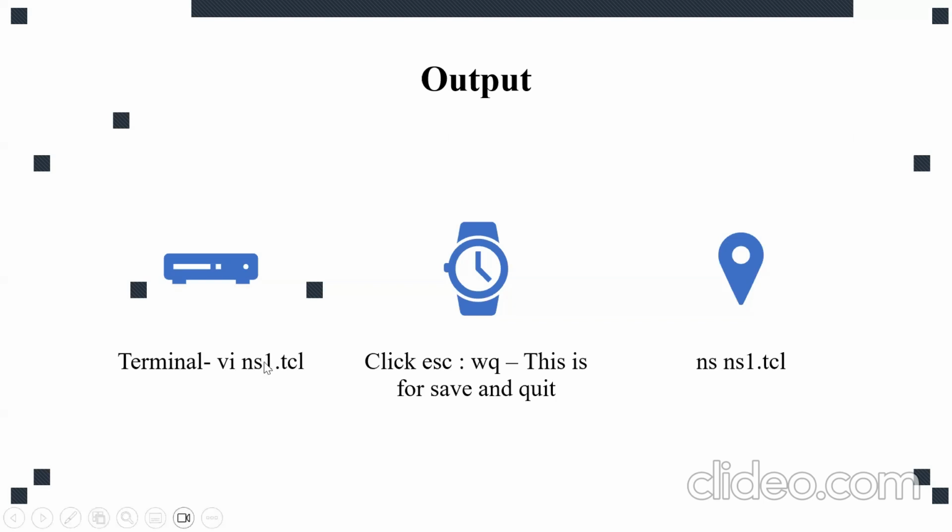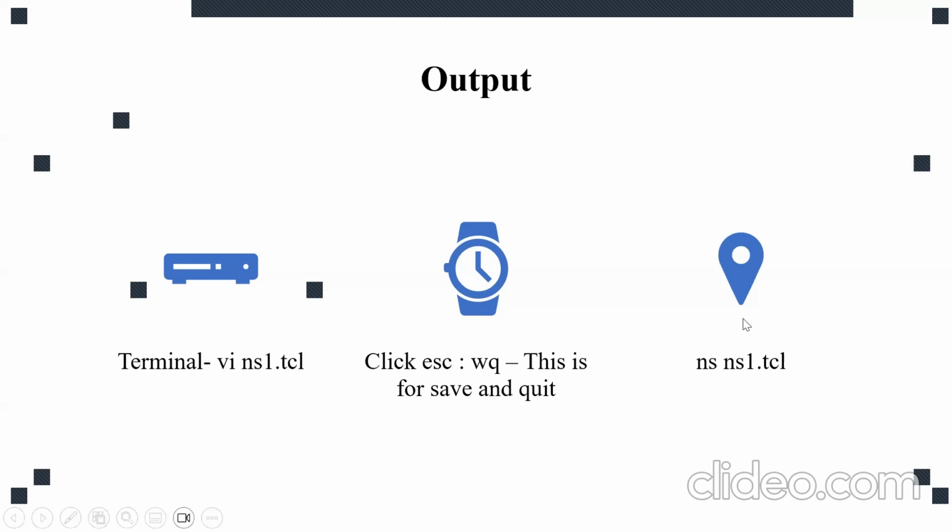Now the terminal will open where you will type the whole program. After typing the program, you press escape, colon, and type wq. That means you are saving and closing the file.